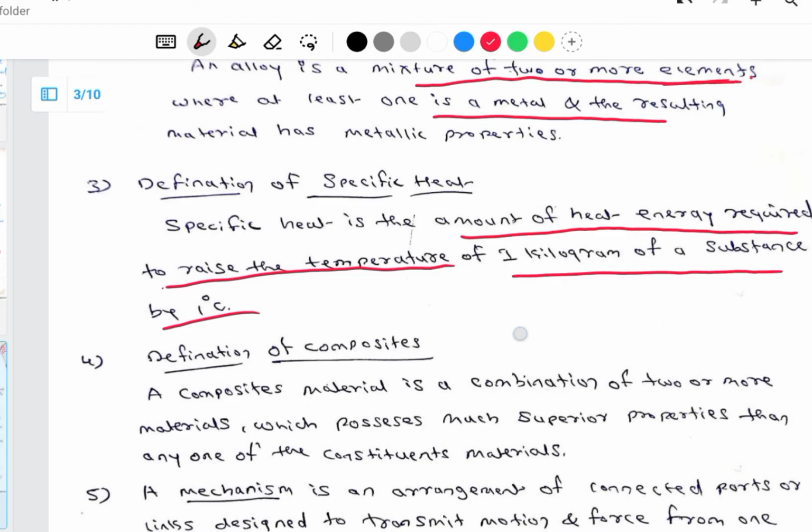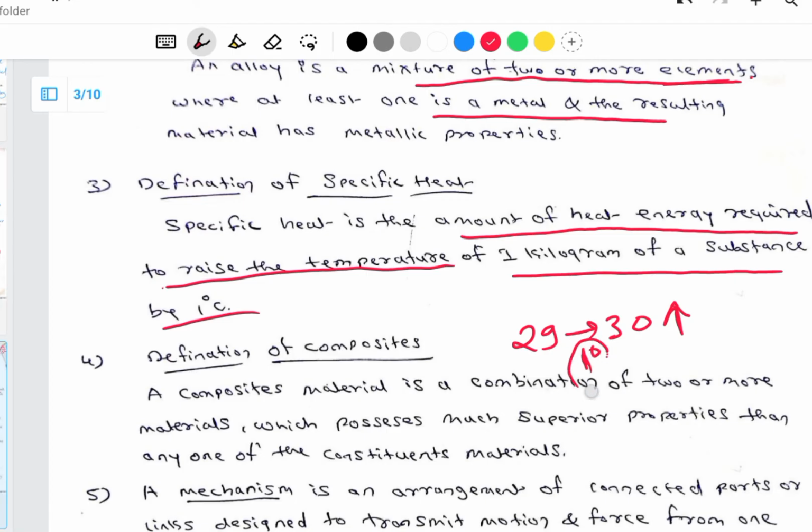Example, you can say if you are increasing body temperature by 1 degree Celsius. Suppose you have body temperature 29 and you want to convert this 29 to 30, so there is a 1 degree difference.